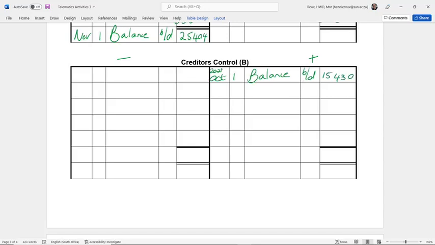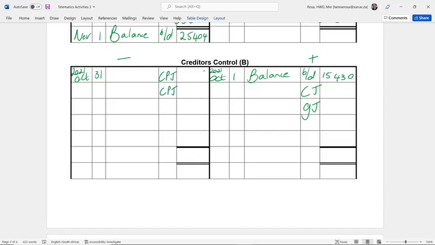Now the creditors will increase when I buy on credit, and I buy on credit in the CJ. They will also increase with the general journal. Our creditors will decrease when we pay them. We pay in the CPJ, but we also receive discount in the CPJ.